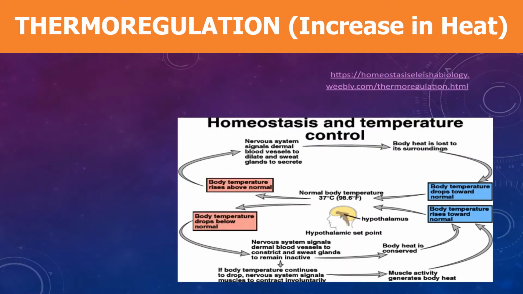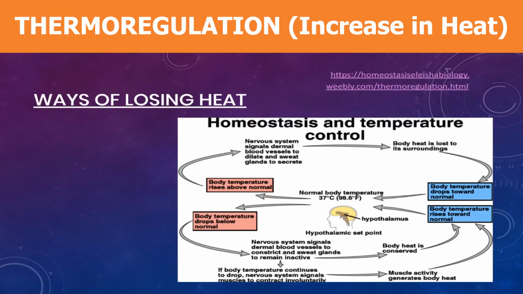Well, in that case, here are some of the best ways of losing heat in your body. Number one is evaporation. Let's just say when you work out and sweat, the body heat turns the sweat into vapor, cooling your body down. Convection. Similar to being exposed to cold air or air and water moving across the skin, resulting in heat loss. Conduction.